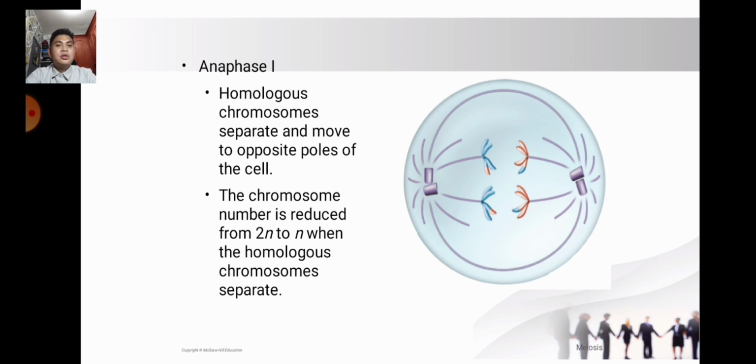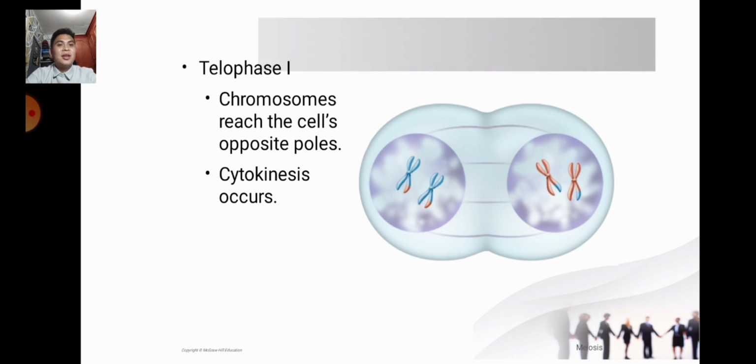The chromosome number is reduced from 2 to 1 when the homologous chromosomes separate. In telophase 1, chromosomes reach the cell's opposite poles. And this is the last part, where cytokinesis occurs again.